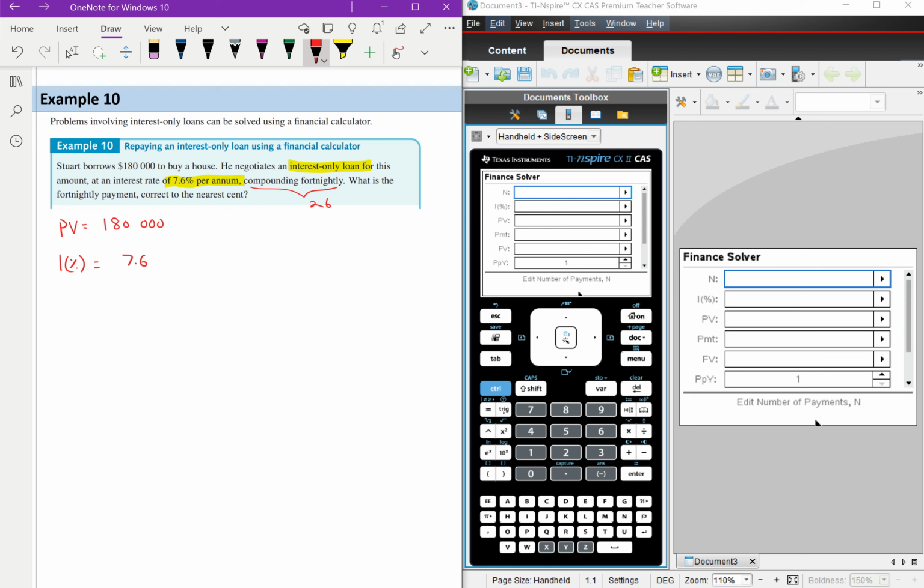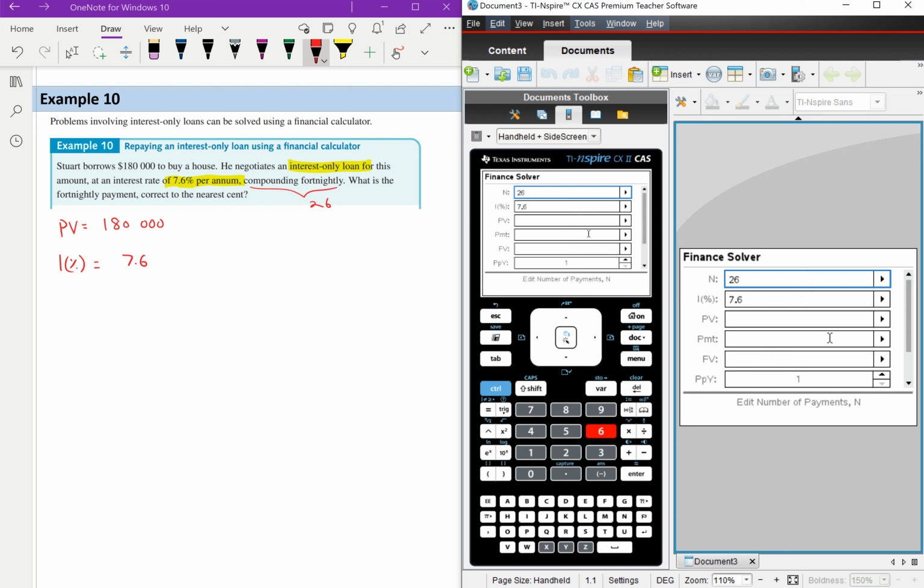This is where you just have to be careful. The interest rate is pretty easy, it's 7.6, but for the number of payments, I guess we'll write 26 here.